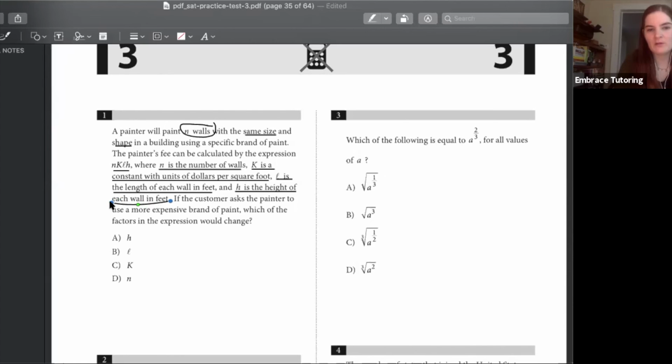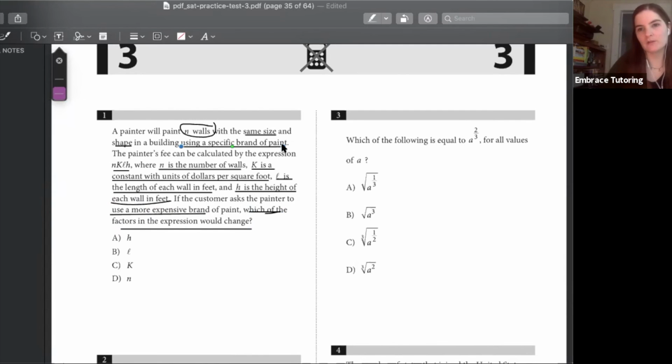Okay, so if we're thinking about that, if the customer asks the painter to use a more expensive brand, which of the factors in the expression would change? Using a specific brand of paint becomes an important detail.